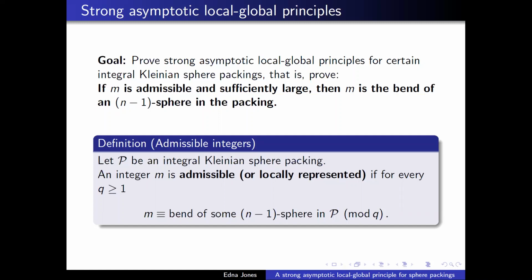My definition of admissibility is very similar to the Apollonian case: an integer M is admissible, or locally represented, if for every positive integer q, M is congruent to the bend of some n minus one sphere in our packing mod q.